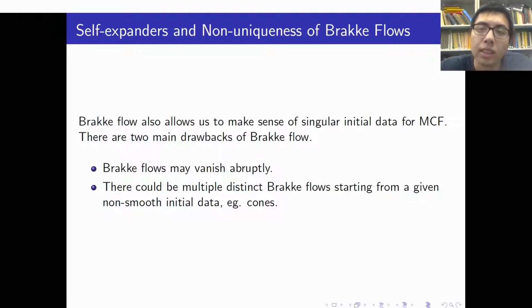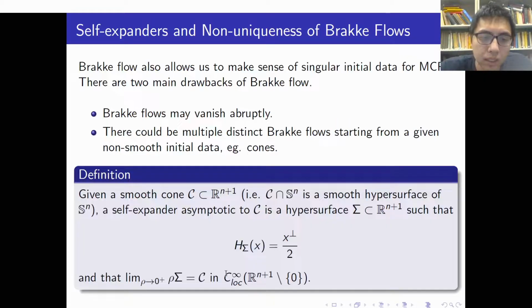I'll just leave it here. That's due to the inequality in the equation, the third bullet point from before. The second drawback is what we're going to focus on, because there could be multiple distinct Brakke flows starting from a given non-smooth initial data, and in particular cones. And that's what we're interested in.